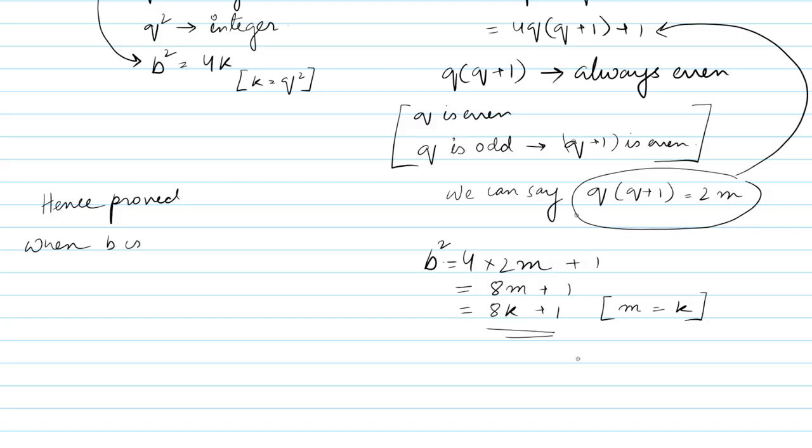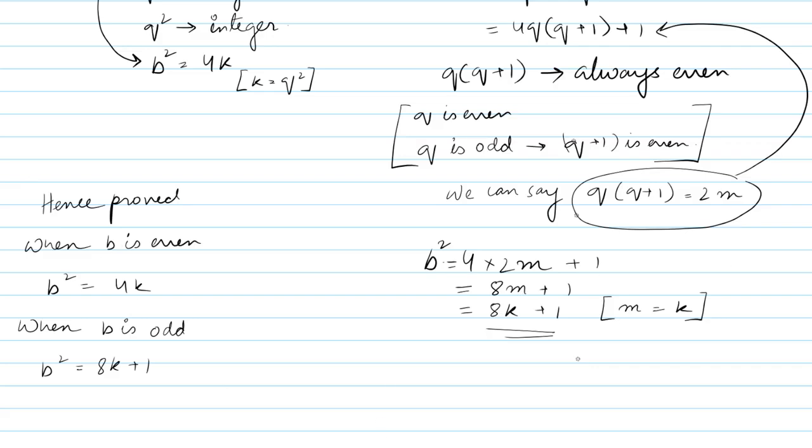When b is even, b square equals 4k. When b is odd, b square equals 8k plus 1. Done.